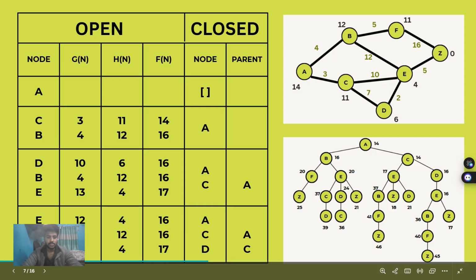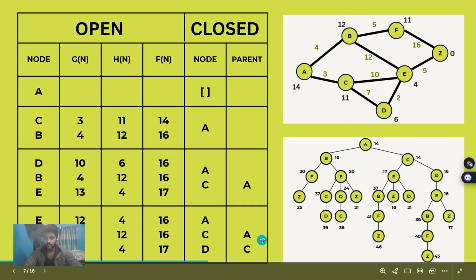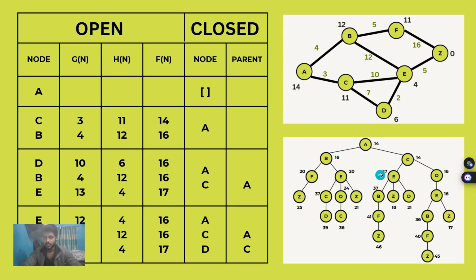This 16 is nothing but from 12 and 4, and this other 16 is B, just having the 16. As we have two E's, here it is 16, here is 16, and then 17.